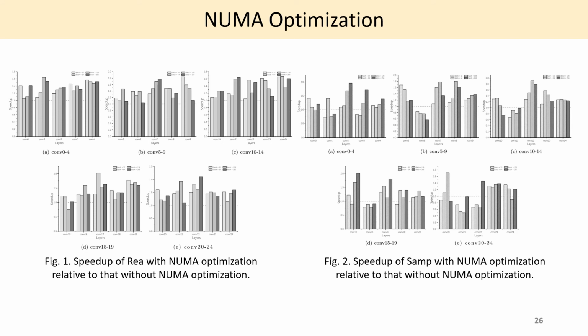For the arrangement, we can get a maximum speedup of 2.11 times by using NUMA optimization, and a maximum speedup of 2.01 times was obtained in the sampling-based method. Due to the random allocation of the initial data, the performance of our SAMP implementation with the NUMA optimization also decreased in some tests of other layers.